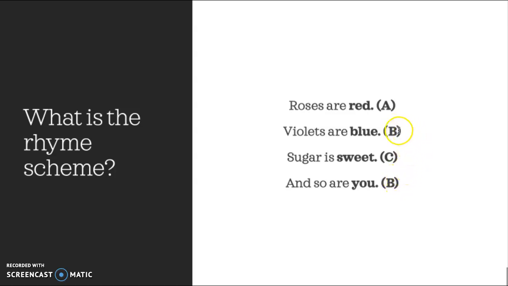That's showing that these two lines, the ending words, rhyme together. They have the same sound. So that is why you see the letter B. If I asked you what is the rhyme scheme of this poem, you would say the rhyme scheme is A, B, C, B. Let's take a look at another poem and see if we can get it.